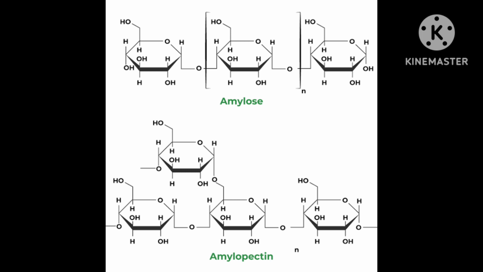First unit carbon 1 and second unit carbon 4 are joined, correct, through oxygen linkage, glycosidic linkage.